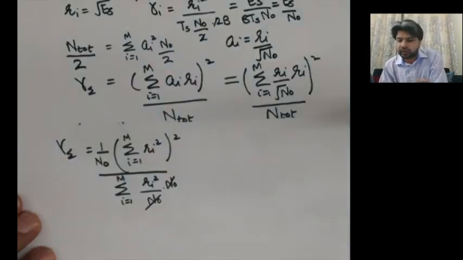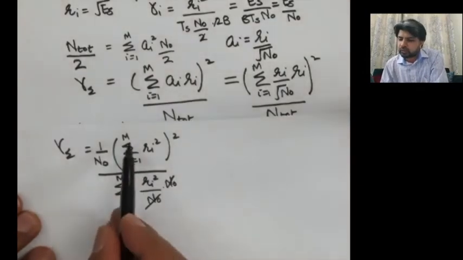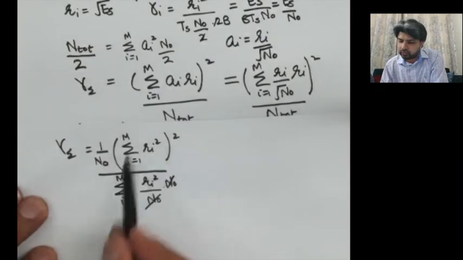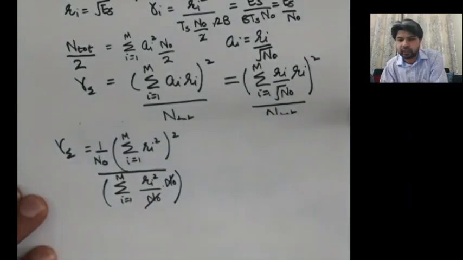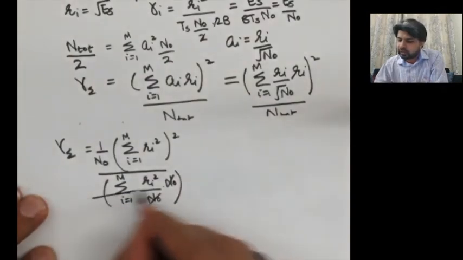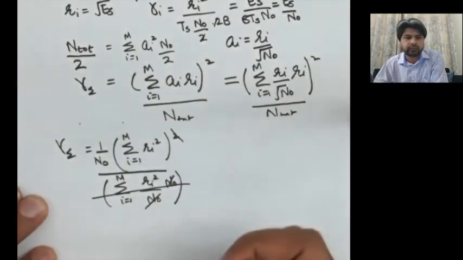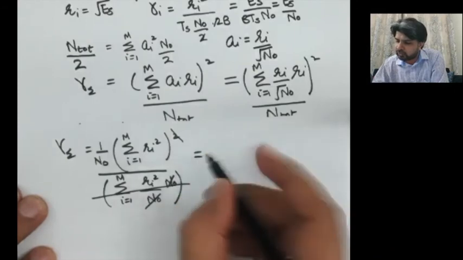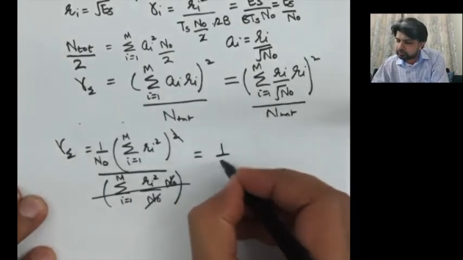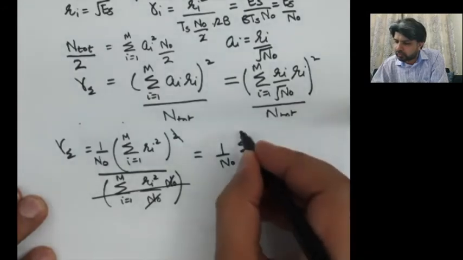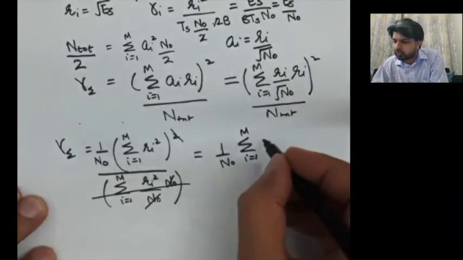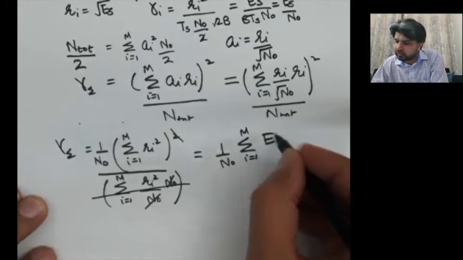So what you have is the summation i equals 1 to M of R_i squared, whole squared, and in the denominator you have the summation i equals 1 to M of R_i squared. This cancels out the square, and what you are left with is 1 over N0 times the summation i equals 1 to capital M of R_i squared, which is nothing but Es.